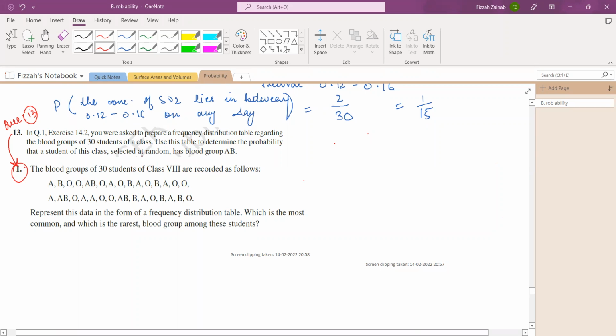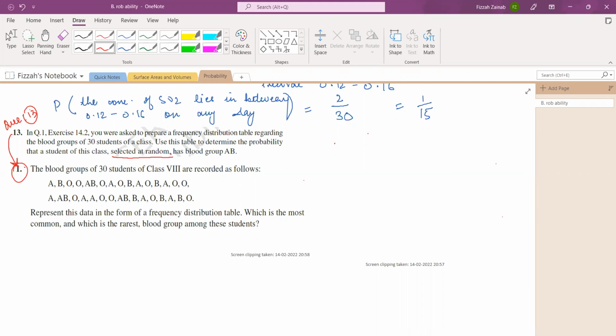First of all, do you understand what selected at random means? What do you understand by this term? Can anybody say? See, selected at random means that every student has an equal chance of getting selected.